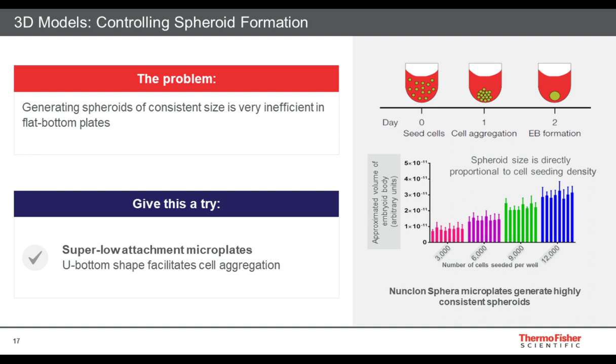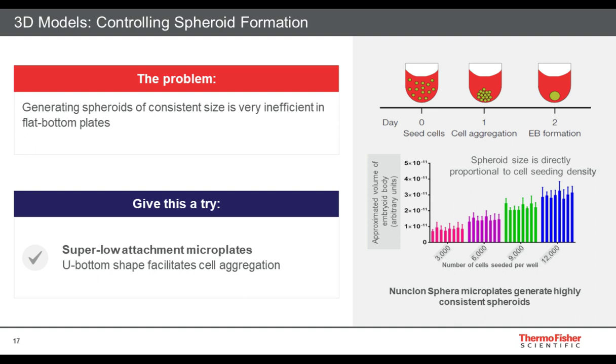Some of this can be controlled through the use of formats such as U-bottom, super low attachment plates or spheroplates, in which a fixed number of cells can be put into each well so that it forms a spheroid of more or less a known size in a fixed period of time.